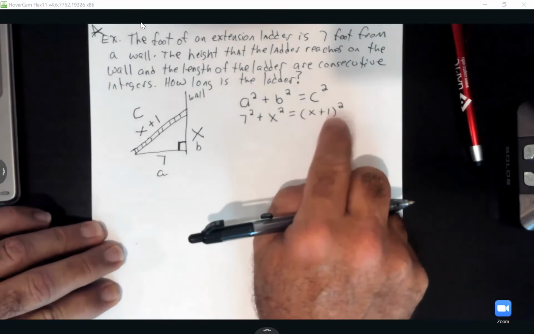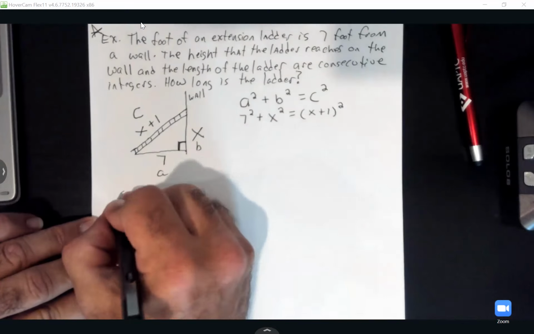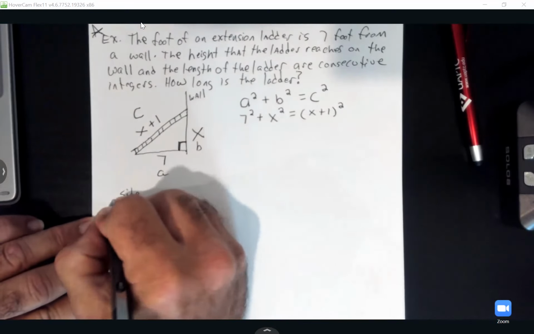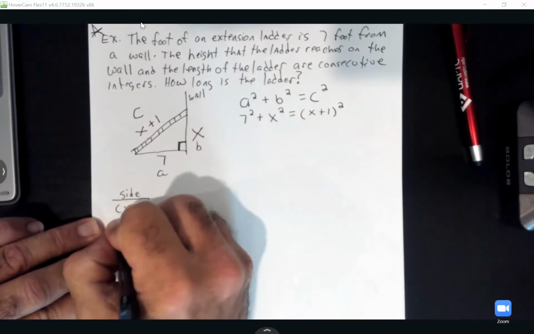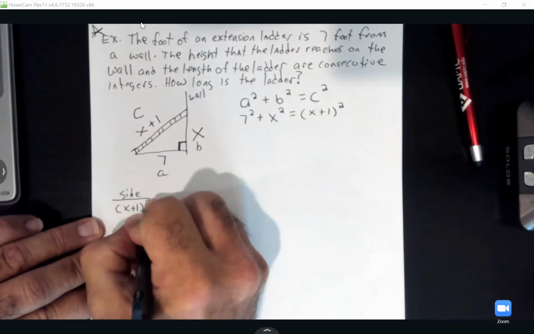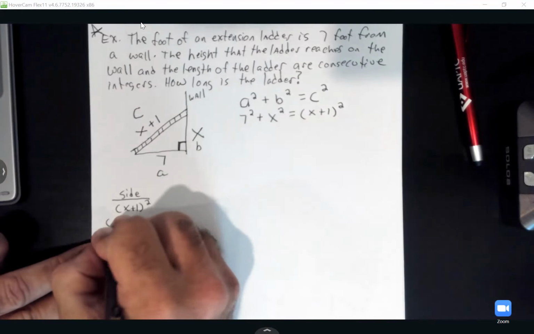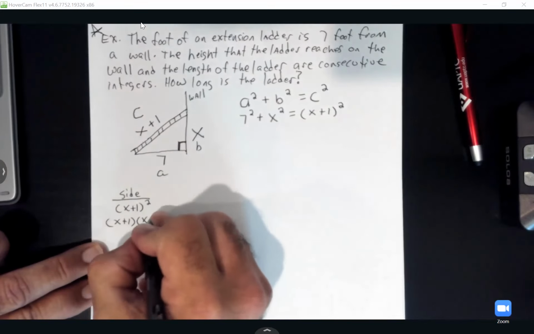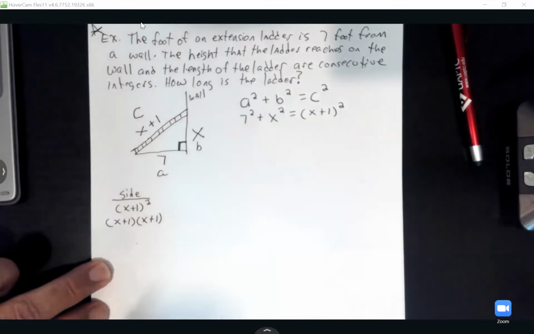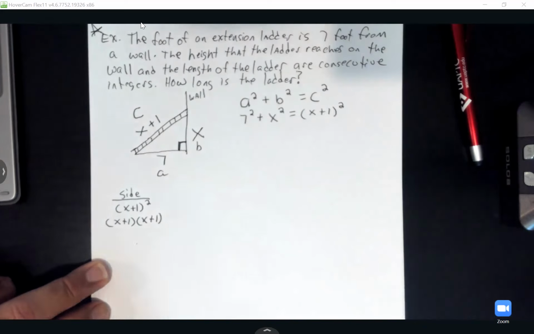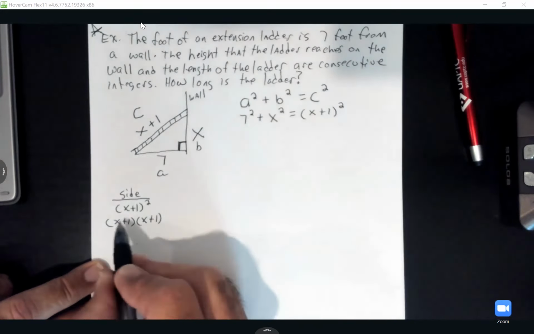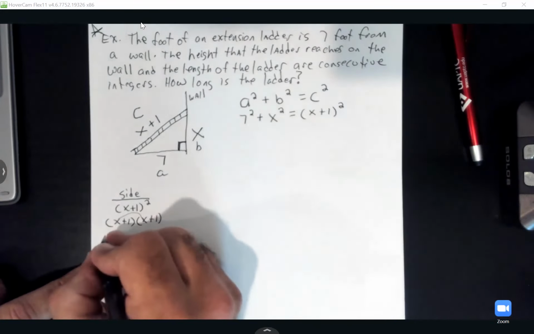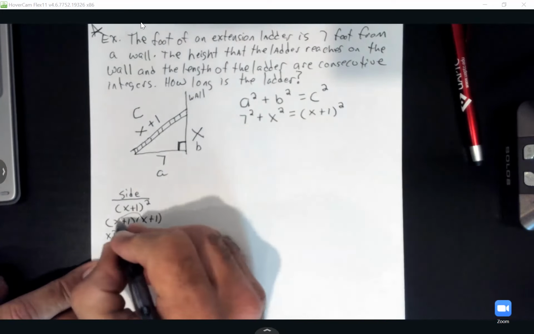So on the side, I'm going to have to figure out what the x plus 1 squared is. And remember, we're going to write that twice. X plus 1 times x plus 1. All right, so same type of thing. X times x is x squared.